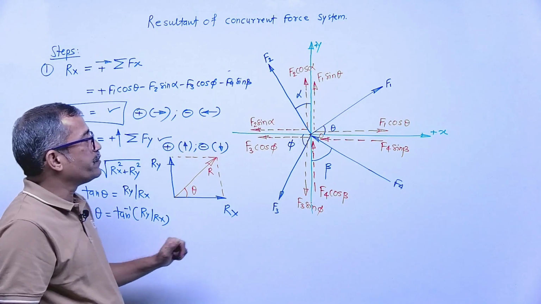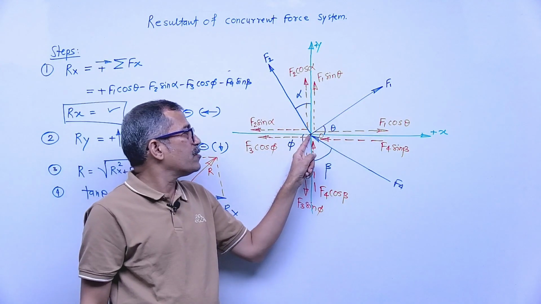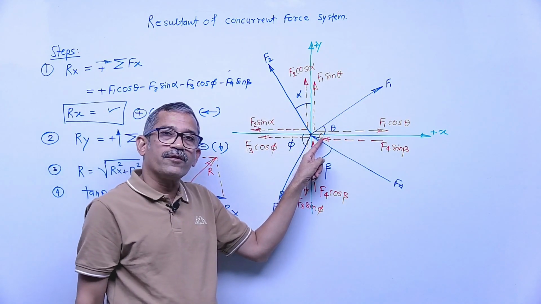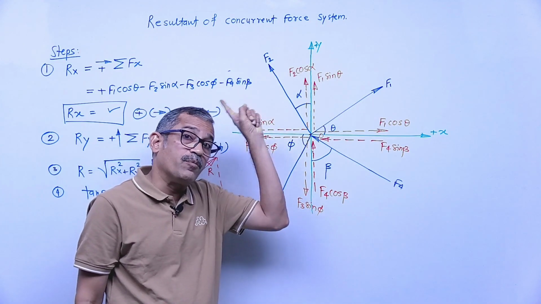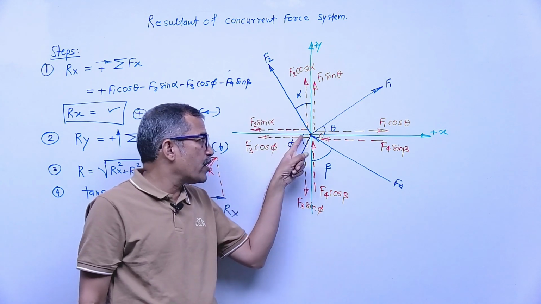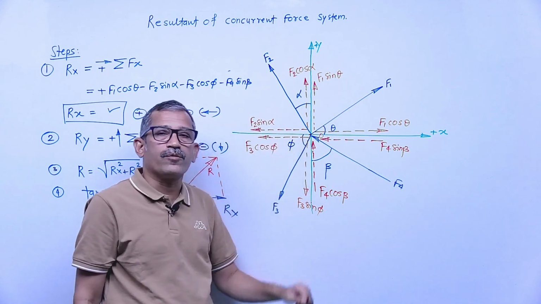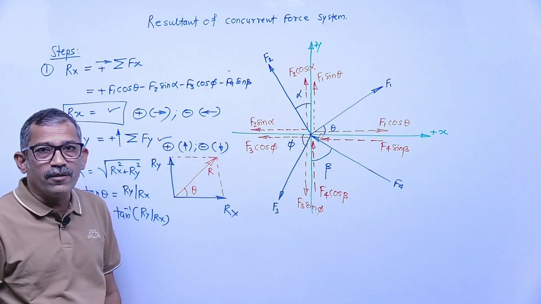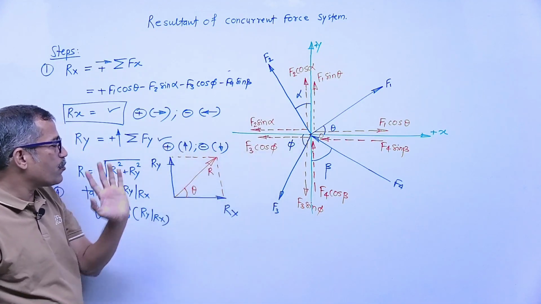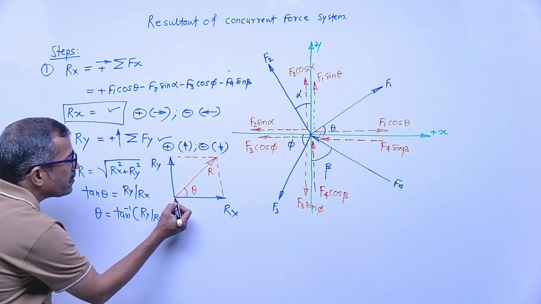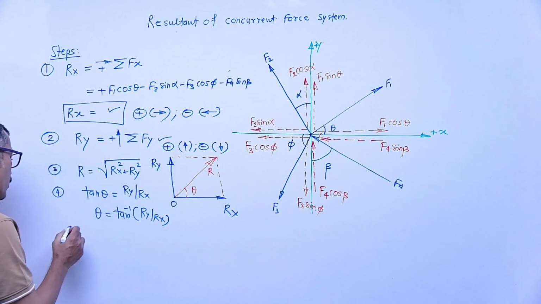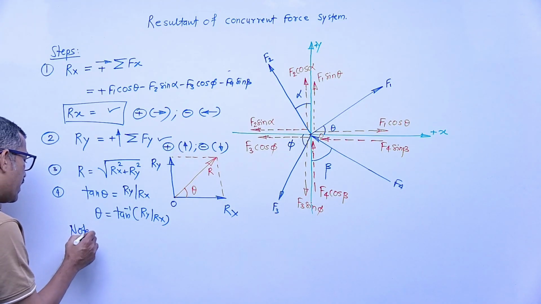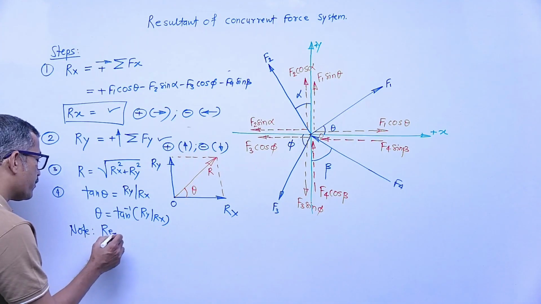One more point: all forces pass through one point, and such point O is called the point of concurrence. We discussed this fully in Lecture 1. The point through which the lines of action of all forces pass is called the point of concurrence. The resultant of a concurrent force system always passes through the point of concurrence. Means we can add one note. What note?